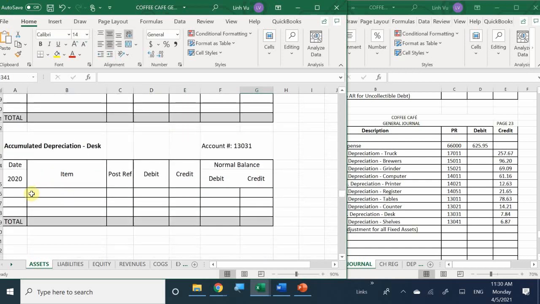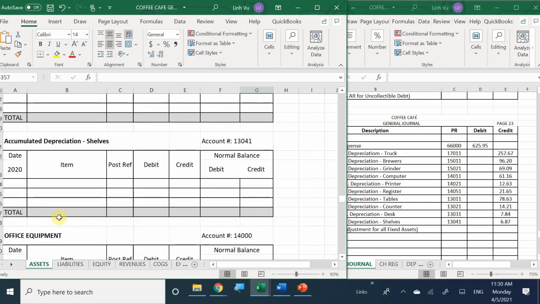What about my depreciation for my desk set? $7.84. Okay. What about my accumulated depreciation for my shelves? $6.87.